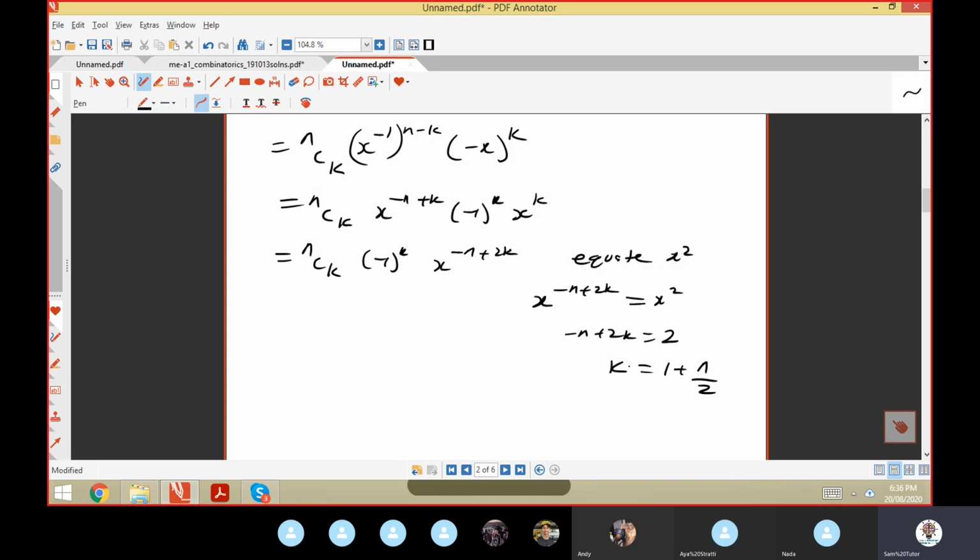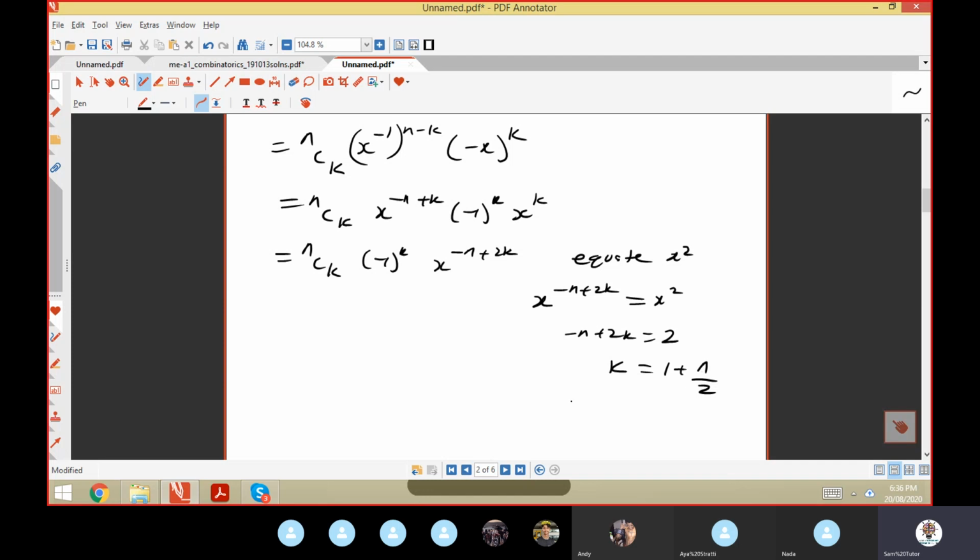That is correct. What's the problem if I said n is 3? If I said it's a cubic, what's the problem? It's going to be 0.5. Can you have k equals 1.5? What n can't be?